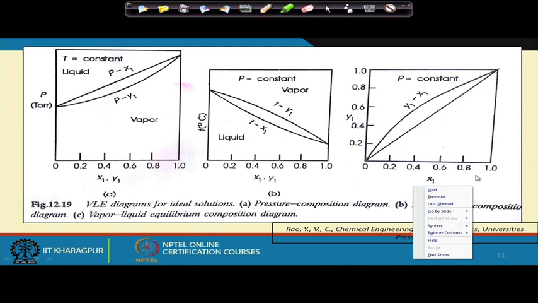We have discussed ideal solutions, we have discussed the Lewis-Randall rule, we have developed Raoult's law from the Lewis-Randall rule, we have discussed under what conditions the ideal solution model can be applicable.